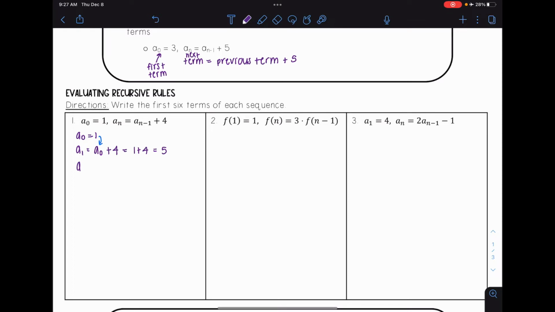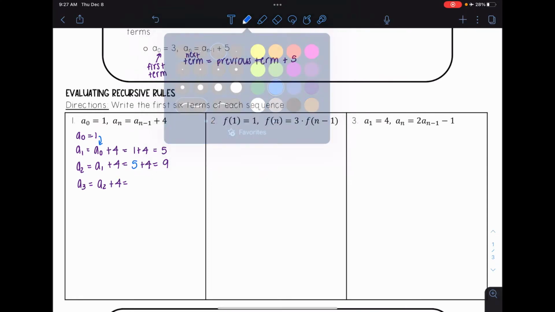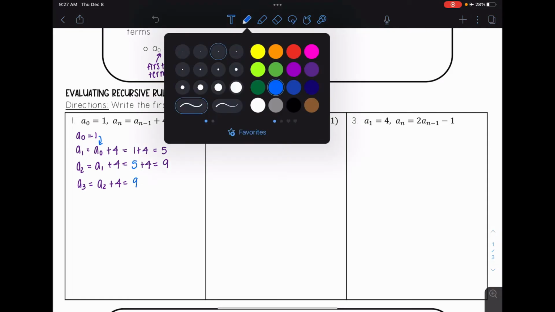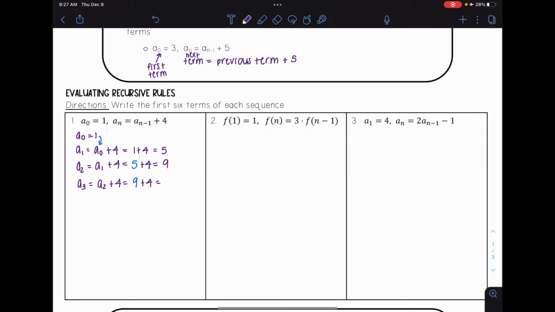To find a_2, I'm going to take the previous term, a_1, and add 4. Well, the previous term is 5. Add 4 to that, and I get 9. I'm going to continue in that same fashion. So a_3 is going to equal the previous term, a_2, plus 4. Well, the previous term we just found to be 9, so I'm going to get 9 plus 4, which is equal to 13. a_4 is going to equal the previous term plus 4, so a_3 plus 4.